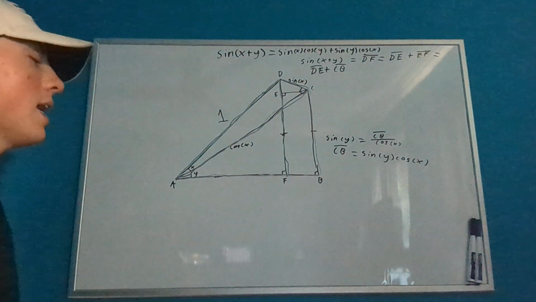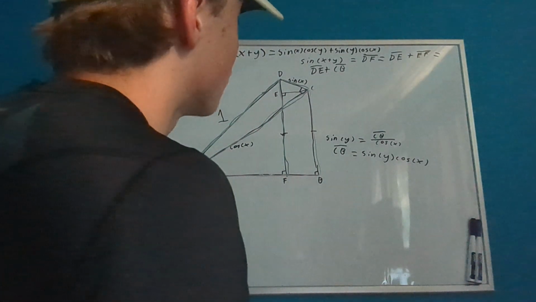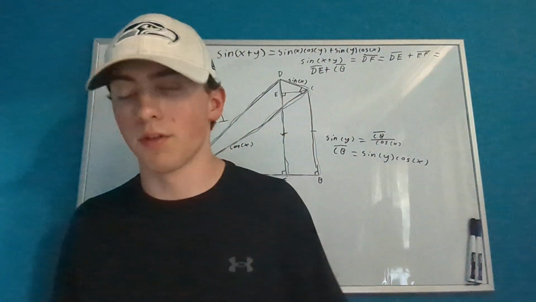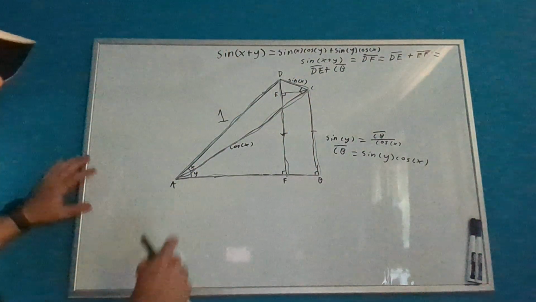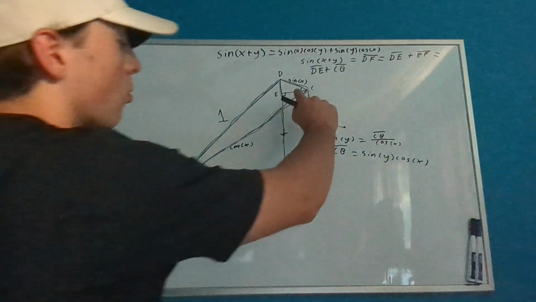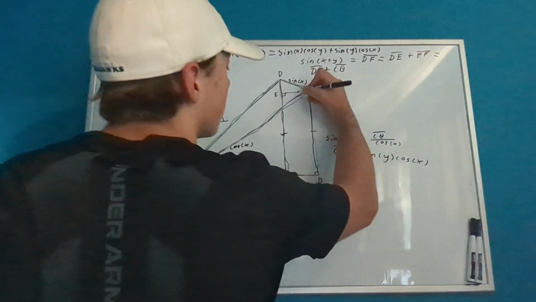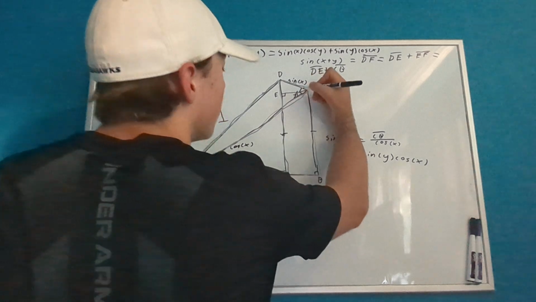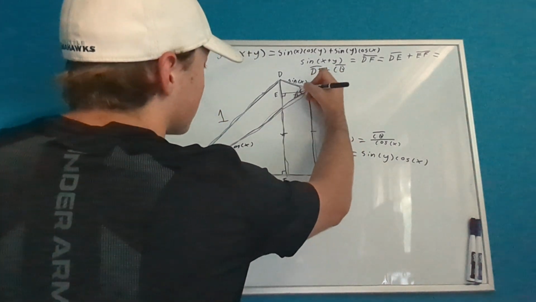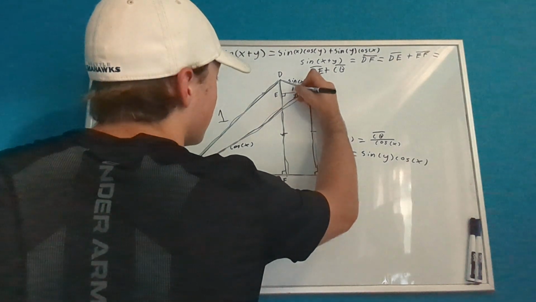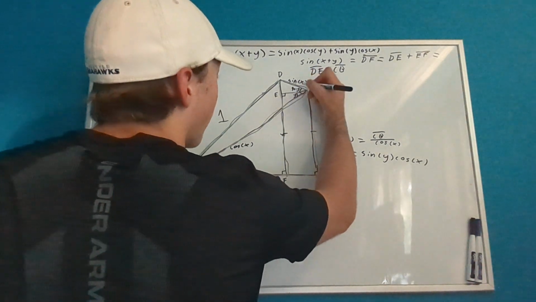This one is a little bit trickier. What you need to realize, and maybe you know this already, though it might be hard to see, is that our angle y is equal to this angle up here. So this is y, and then this whole angle is 90 degrees. So we can say this angle here is 90 minus y.